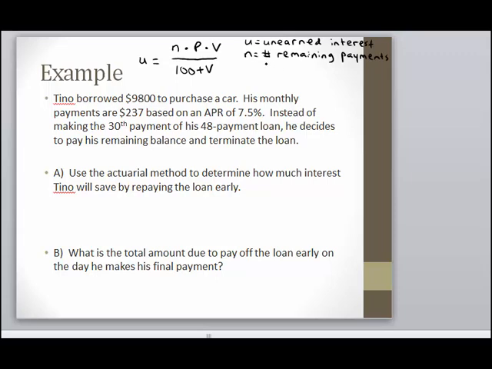The P is the amount of the monthly payment. And the V is the value from an APR table.